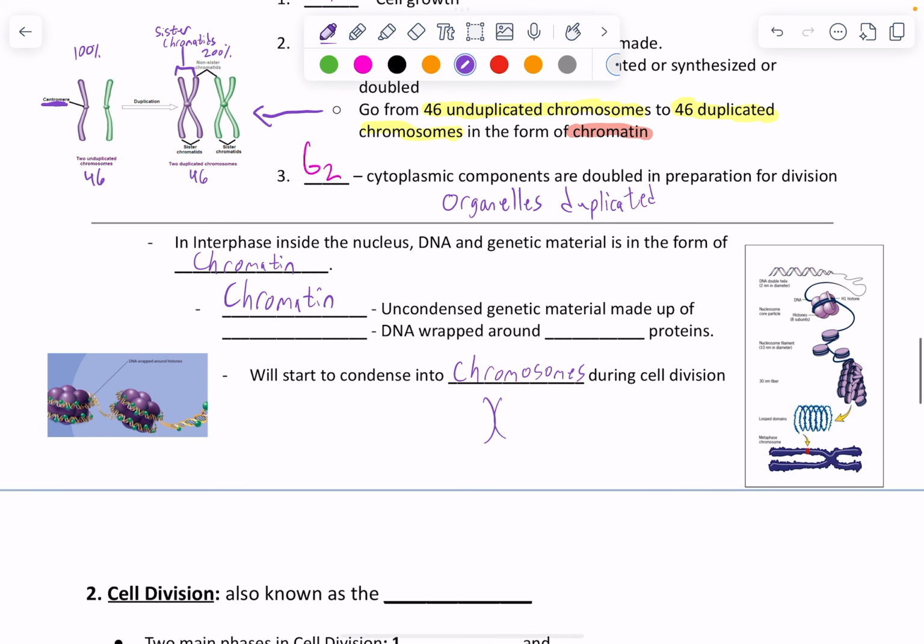Chromatin is made up of two things. It's made up of DNA wrapped around proteins called histones. DNA wrapped around histones together makes up what we call the nucleosome. So let's take a look at some of these terms.